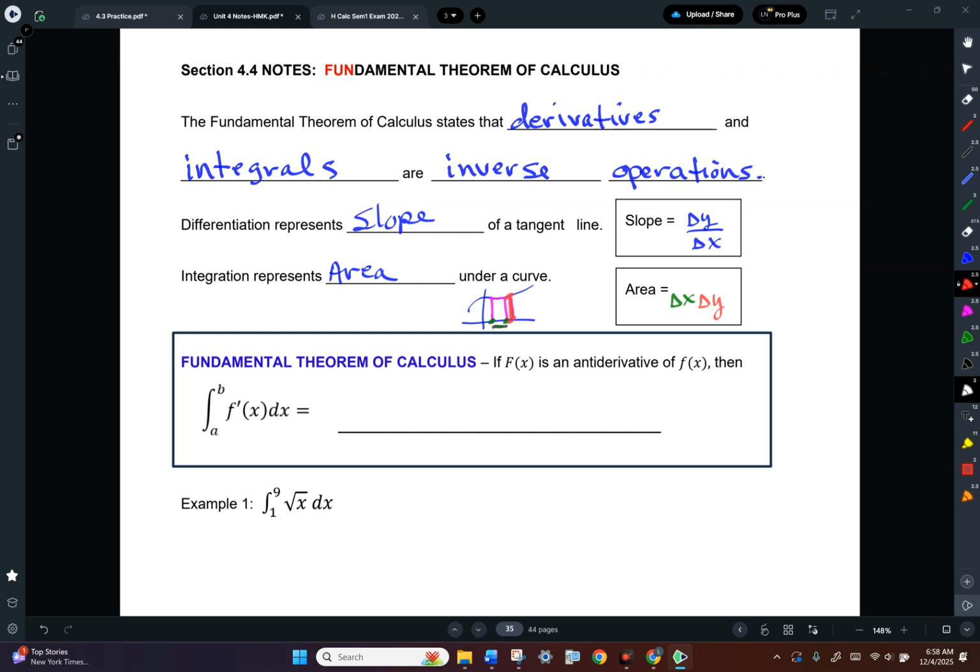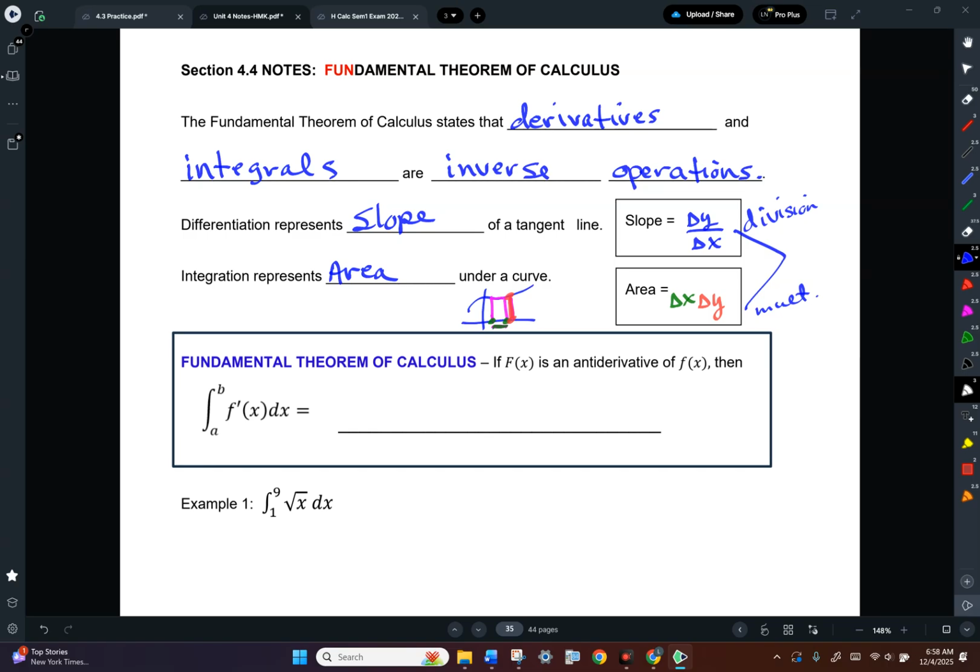Well, look at that. That's kind of a very basic example of inverse operations. You have division up here for slope, where you have multiplication down here for area. And it's division and multiplication of the same two values, change in y and change in x.